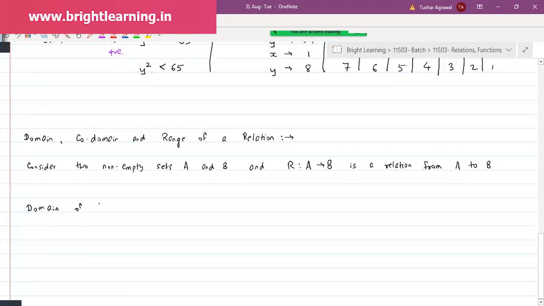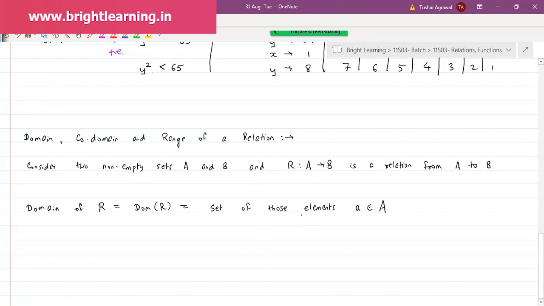Domain of relation, you can say domain of relation or domain of R. Domain of R is represented as: domain of R is equal to the set of those elements a belonging to the first set.